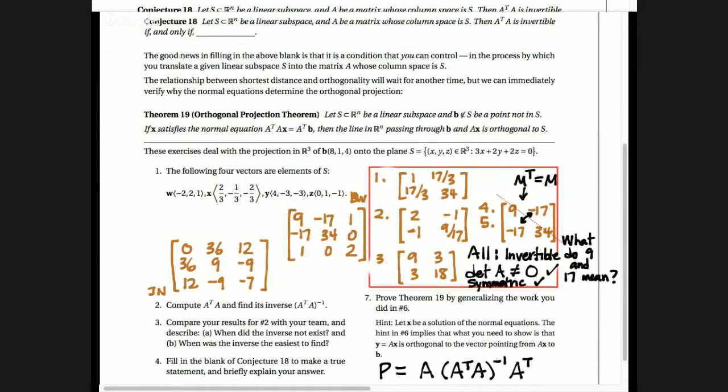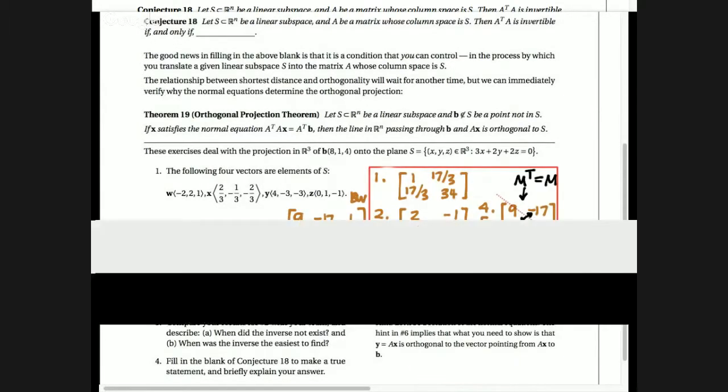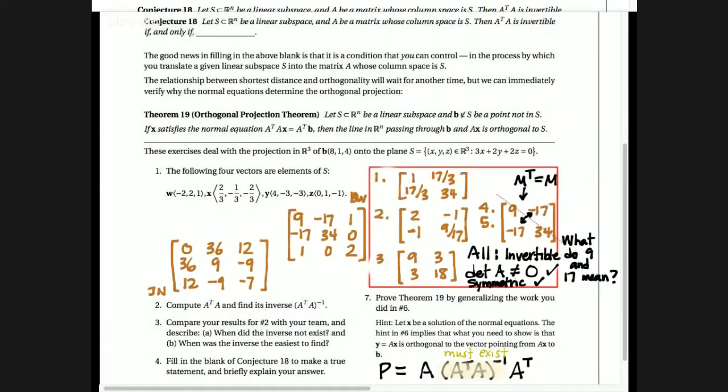And in order to even use this formula, we need to know that A transpose A is invertible, because this inverse here has to exist in order to use this formula in the first place. And so you found that all of the 2x2 examples enjoyed that property of invertibility.